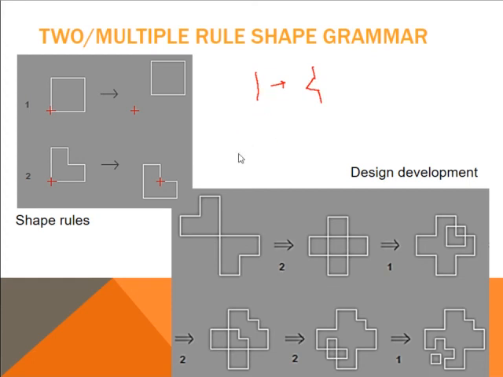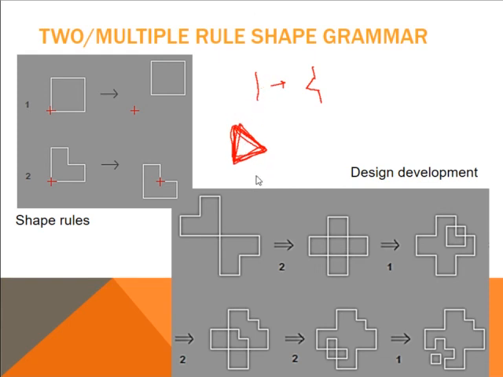So if you look at it, basically this triangle is different from a single line, but in that triangle, it has the same elements, which is the line, the three lines, right? So you can apply the rule to the three lines. So similar to this one, it is a combination of the L shape.